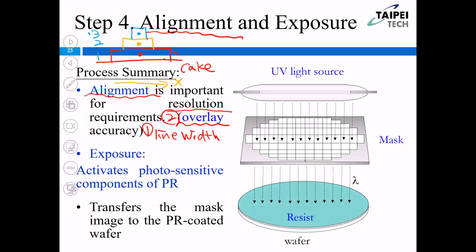They can align with each other because their central point is within the same X location, right? So with 3 layers of the cake, the overlay is very small. It means the resolution is good, because the overlay is very small.